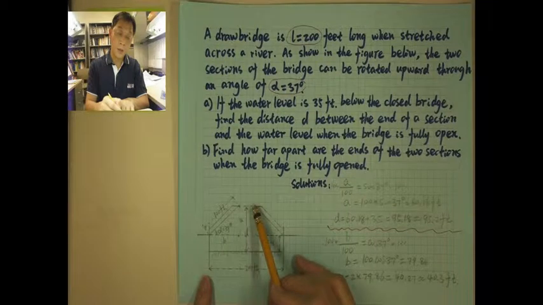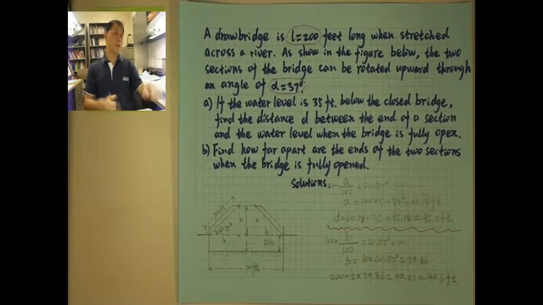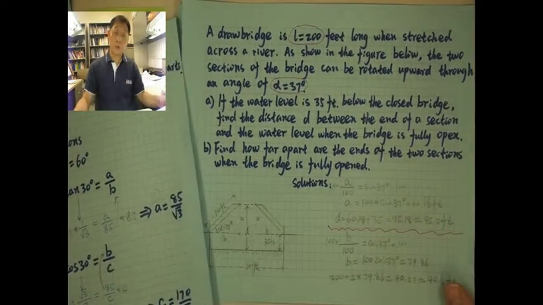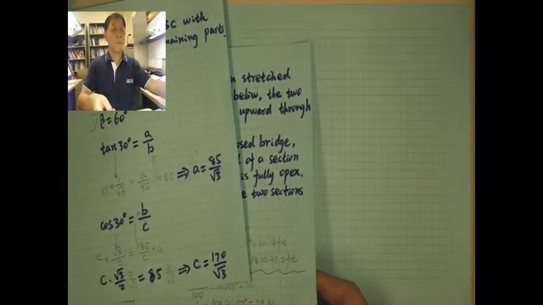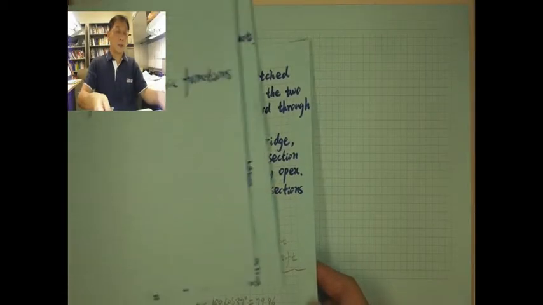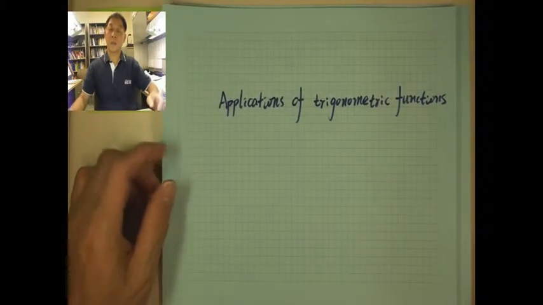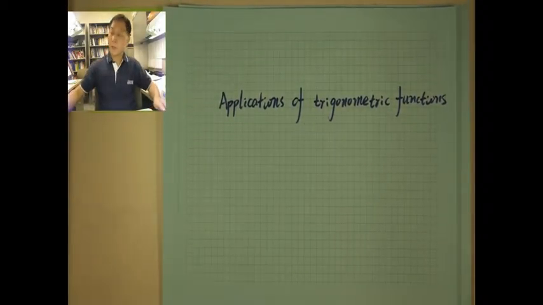That will be how far apart between those two. And that's the final answer. Okay? So trigonometry is actually very useful, and we will see more applications later on. Okay, and that's the end of the lecture for applications of trigonometric functions. I'll see you next time.